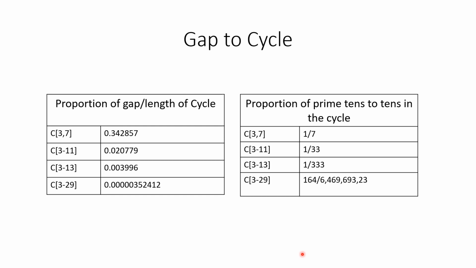This tells you how big the cycle has to be and how separate the prime tens have to be from each other. The length of separation between prime tens is so big. That's why a computer can't see this, right? Not yet.